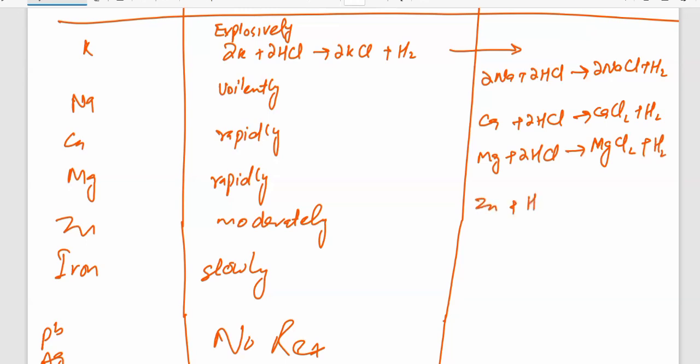Zinc reacts with the HCl, so ZnCl2 is formed plus H2. Next iron, Fe, is allowed to react with the HCl, so FeCl2 is formed with the hydrogen. And the rest do not react.